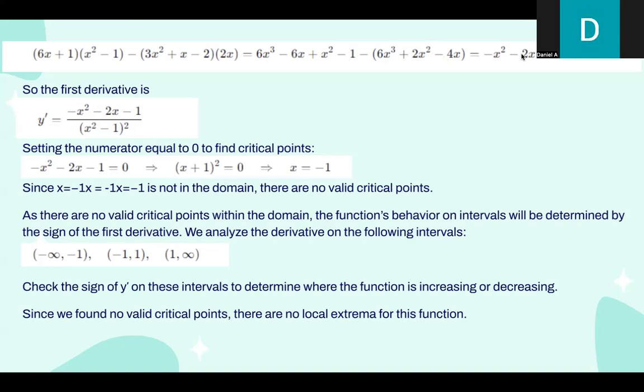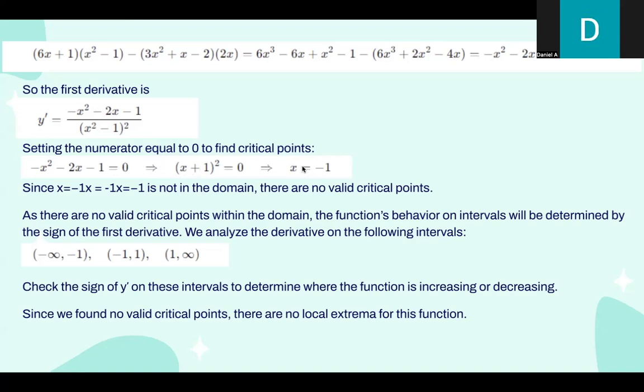Setting the numerator equal to 0 to find the critical points: −x² − 2x − 1 = 0, which turns into (x + 1)² = 0, so x = −1. Since x = −1 is not in the domain, there are no critical points. Now for the intervals of increase and decrease.